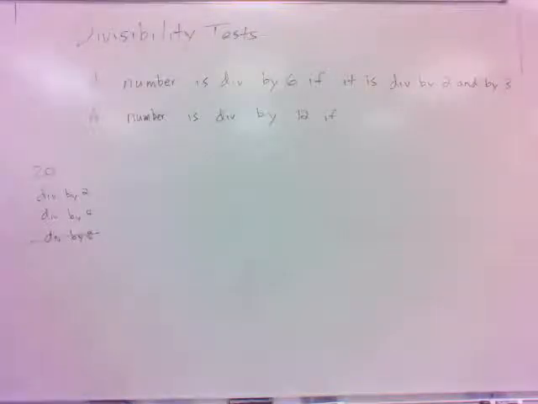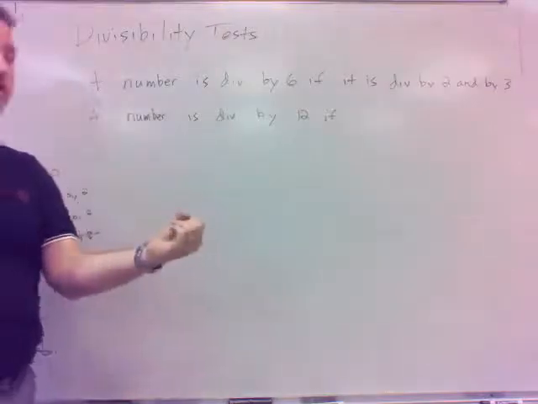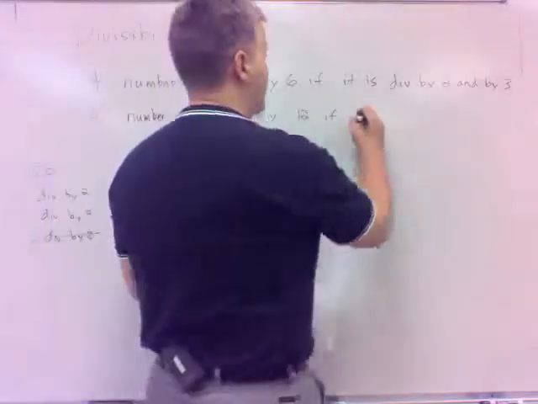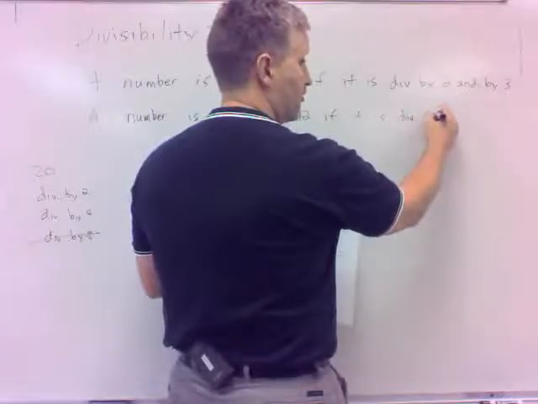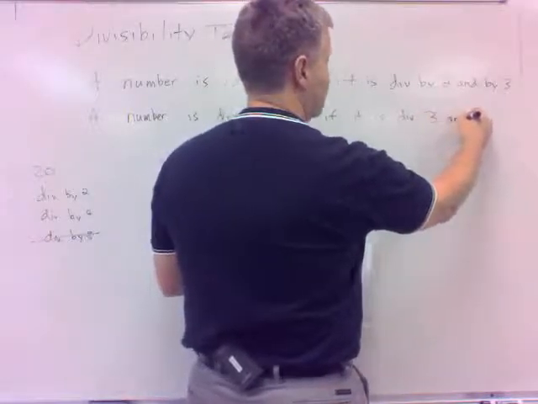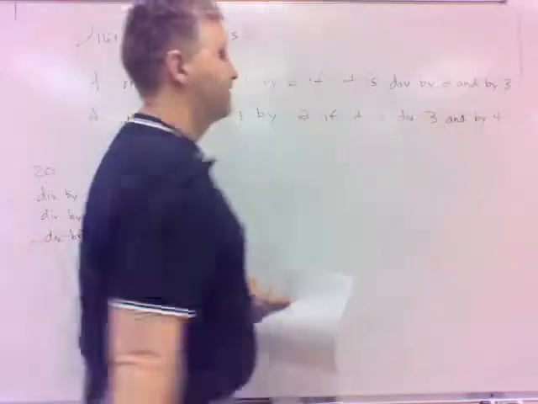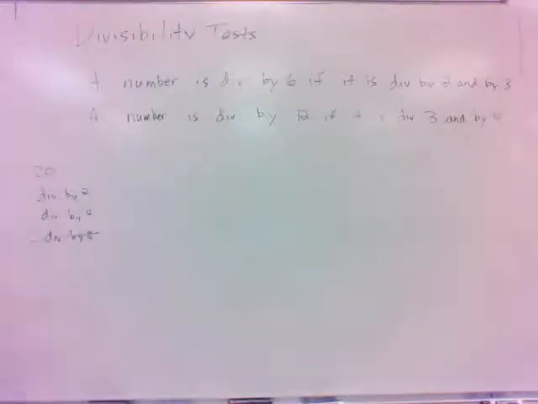No. 2 and 6 have a common factor. What could I do, though? It's divisible by 12 if it is divisible by 3 and by 4. So in other words, the sum of the digits is divisible by 3 and the last 2 digits is divisible by 4. Okay?